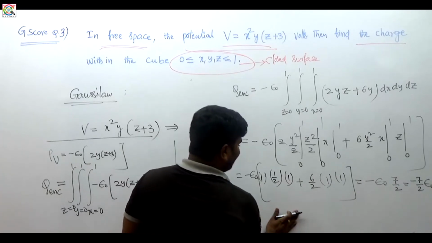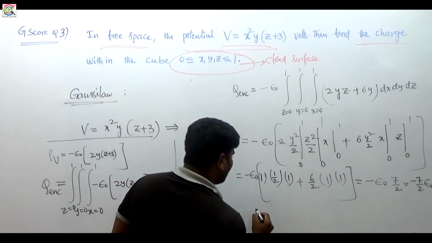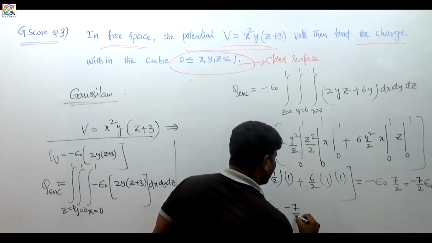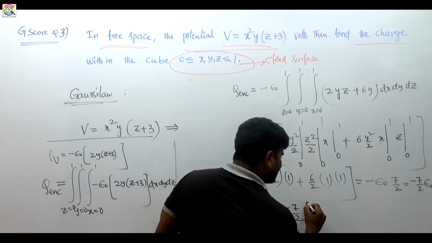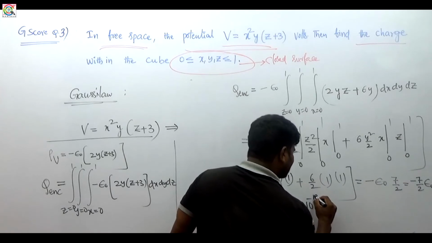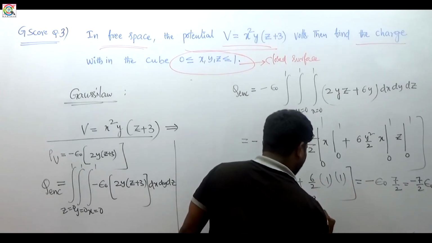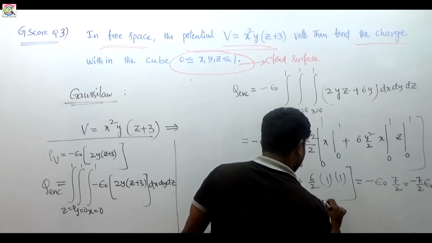So if you simplify this, you can also further simplify. So this is q enclosed equals minus 7 by 2 into epsilon naught. What is epsilon naught? Epsilon naught will be 10 power minus 9 divided by 36 pi, okay.